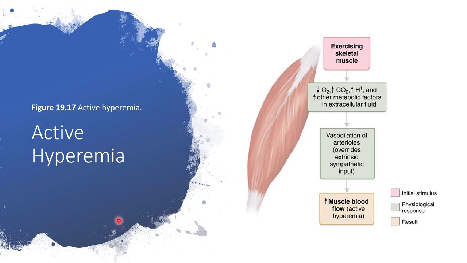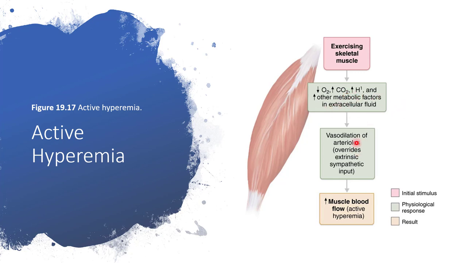So, active hyperemia. During exercising, we are looking at the case of active hyperemia, where the skeletal muscle would have a decrease in oxygen. All the oxygen will be consumed, with an increase in carbon dioxide, increase in hydrogen ion, and other metabolic factors in the extracellular fluid.